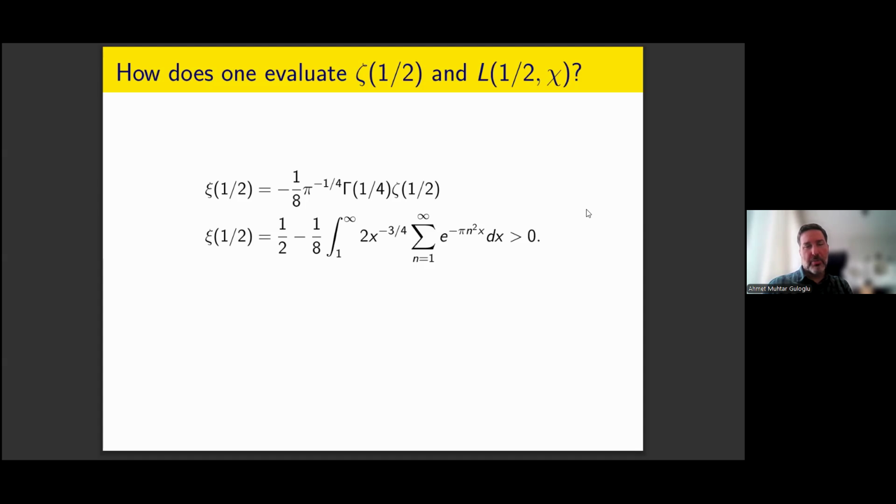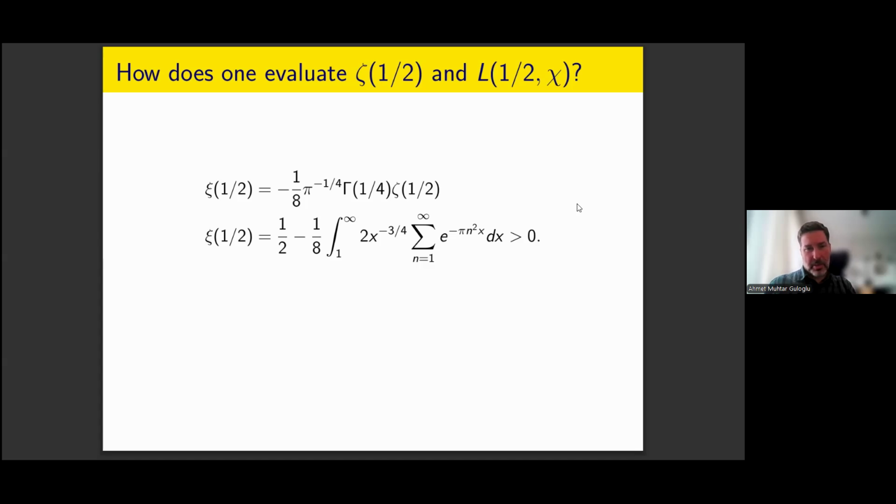Quickly, if we go back to the Riemann zeta function and plug in 1/2, on one hand, zeta of 1/2 is equal to this guy divided by this factor. On the other hand, this is given by an integral representation. As I told you, by bounding this one, you can show that this expression is larger than 0. So zeta of 1/2 is not equal to 0. It's negative, in fact.